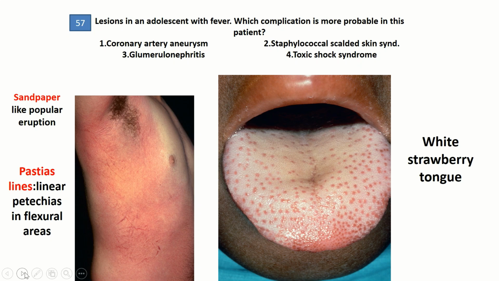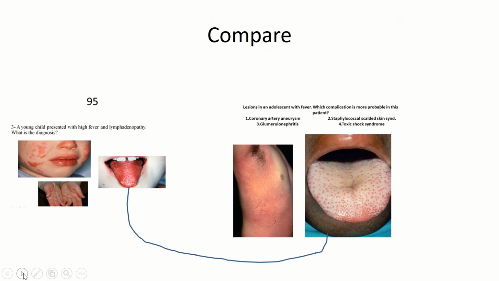And here you see another patient with fever, and here you see a sandpaper-like papular eruption. Also you see linear petechiae in the flexural area, and the tongue is a white strawberry tongue that is indicative of scarlet fever.